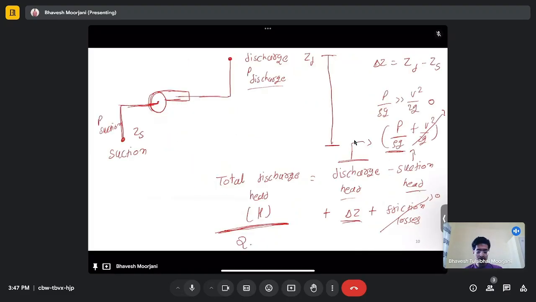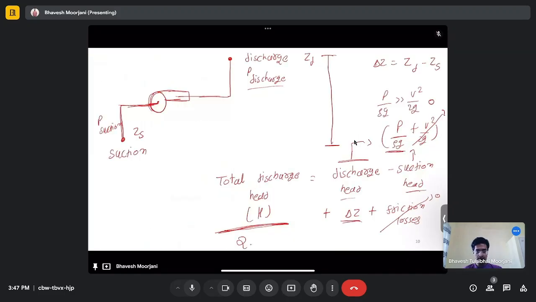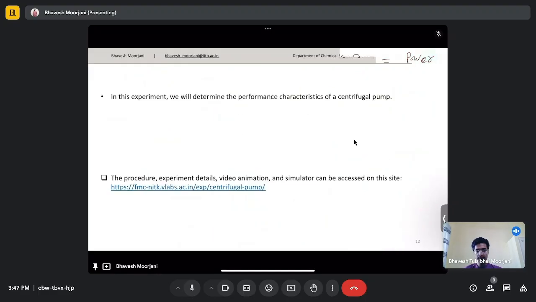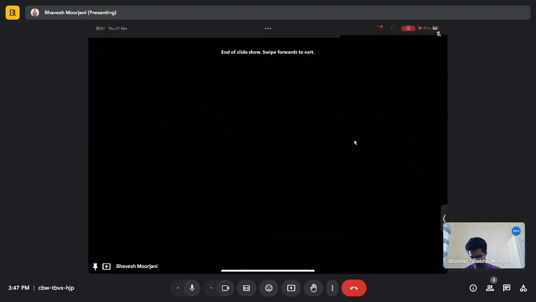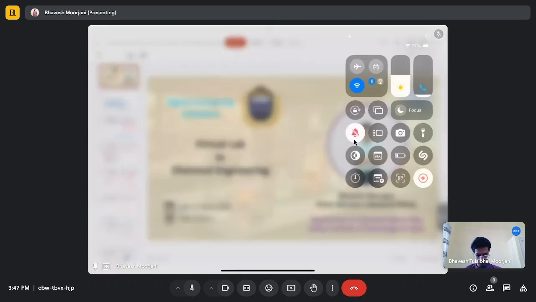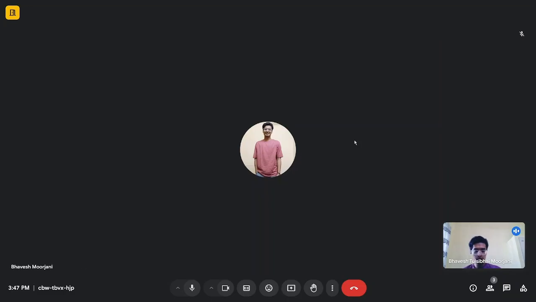So these are the two calculations that we have to do in our experiment, and once that is done, we can draw the characteristic curves for the pump, right? So this was the theoretical part. Now let's move on to the virtual lab experiment part here.